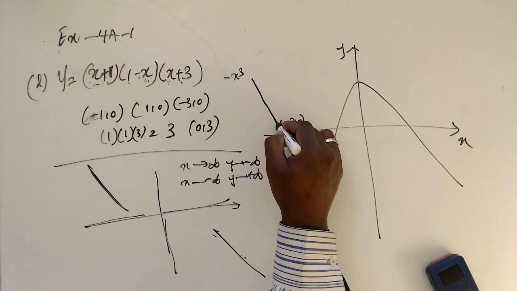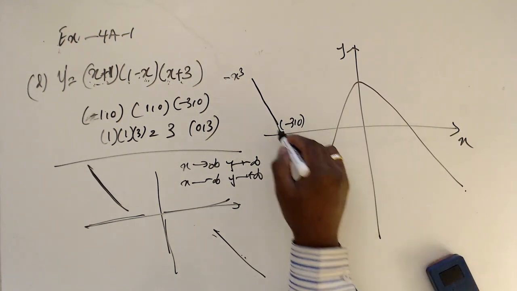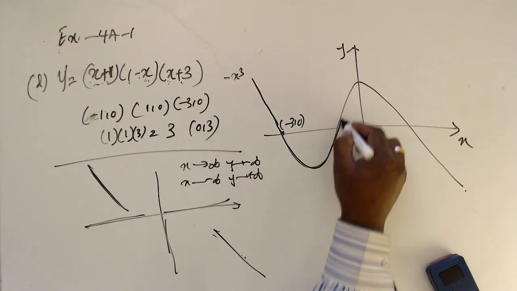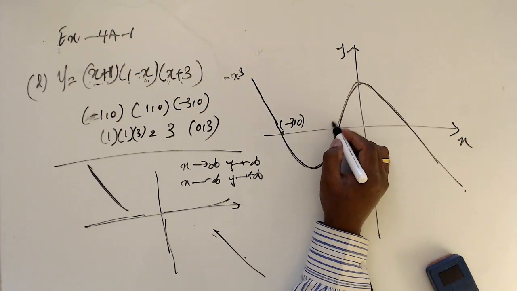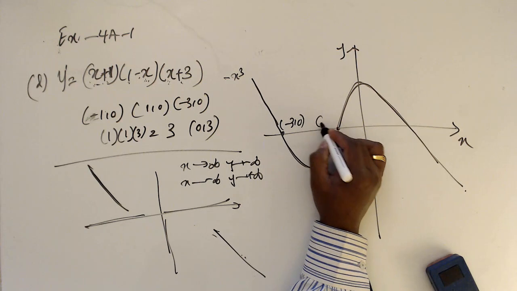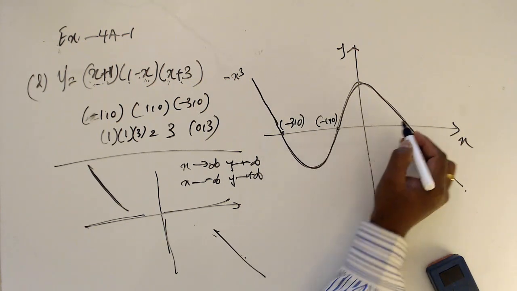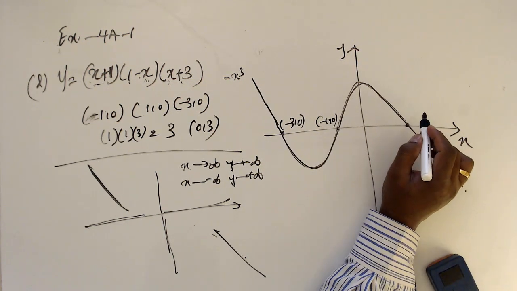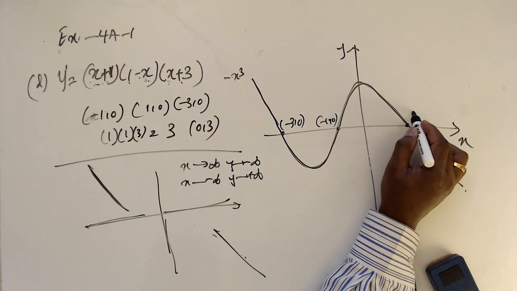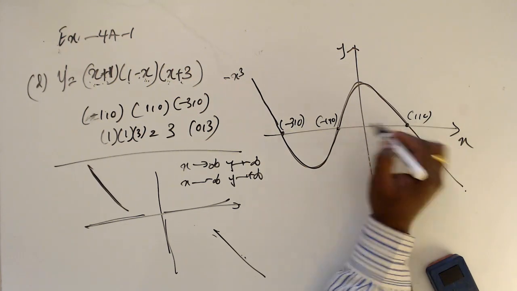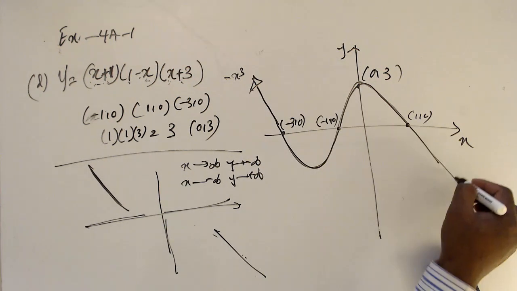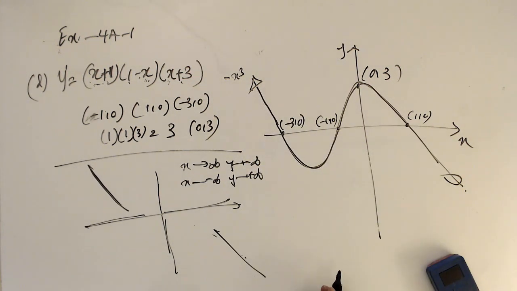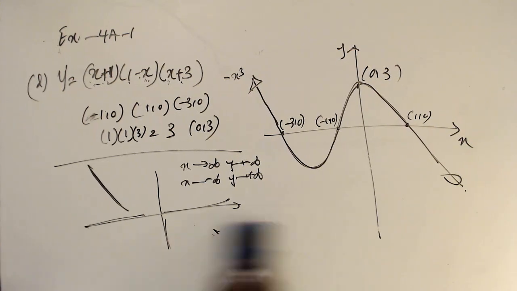When you start here and you have to end here, then we get this zigzag design. Minus 1, 0, and this is going to be 1, 0, and this value is 0, 3. Completed.